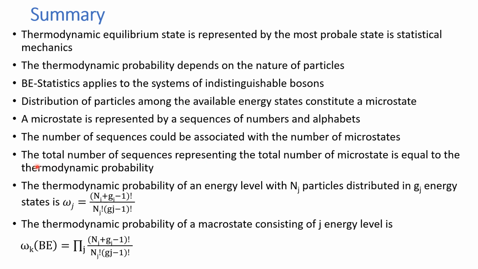That is, the total number of sequences, representing the total number of microstates, is equal to the thermodynamic probability. The thermodynamic probability of an energy level with Nj particles distributed in Gj energy states is given by this formula, and the thermodynamic probability of the macrostate consisting of J levels is given by this formula.